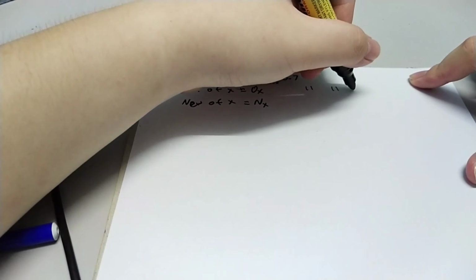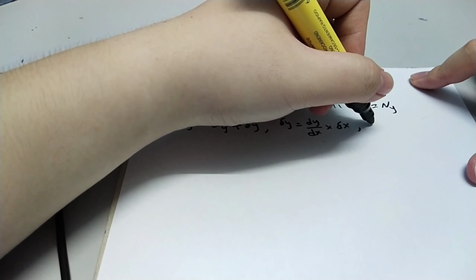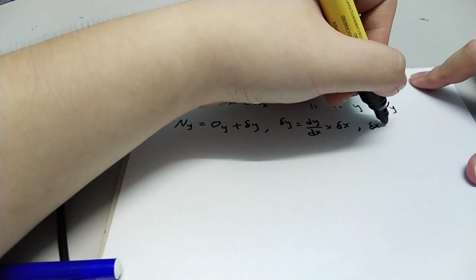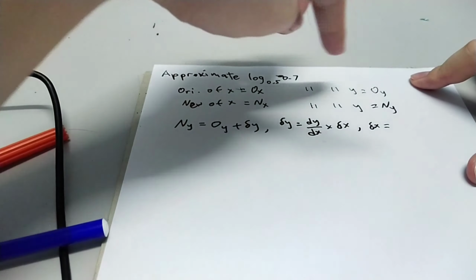Then the new value of y is equal to the old value of y plus delta y, where delta y is equal to dy over dx times delta x, and delta x is equal to the new value of x minus the original value of x.